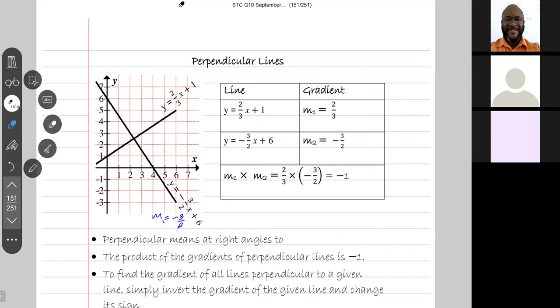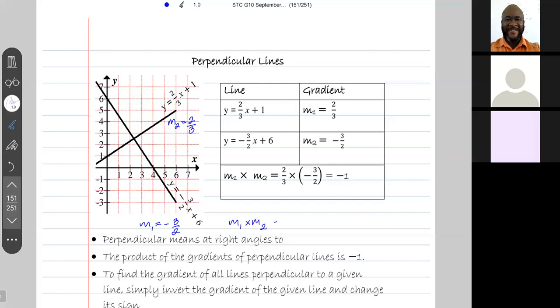What is the gradient of this line? Let me erase it from here. It's too close. So for this line, M1, the gradient is -3/2. What is the gradient M2 of this line? The gradient is 2/3. Let's multiply M1 by M2.